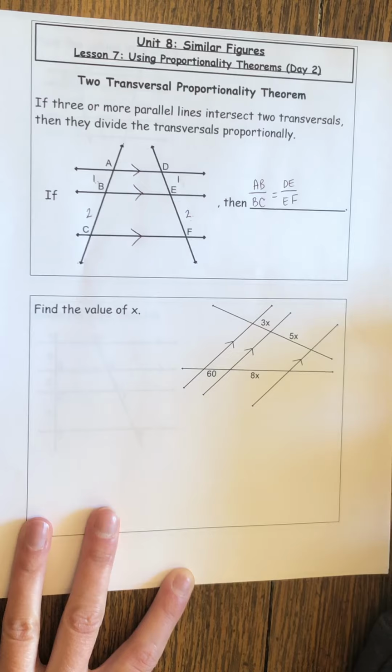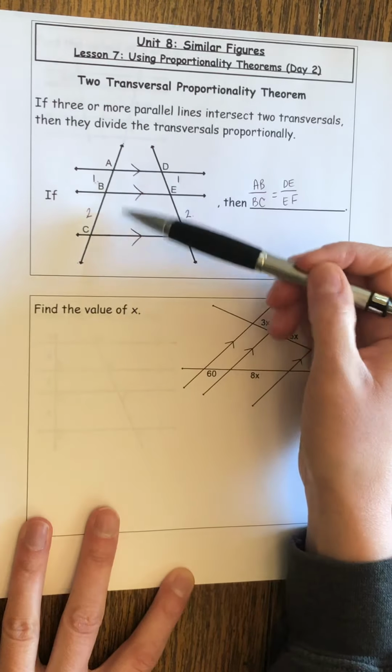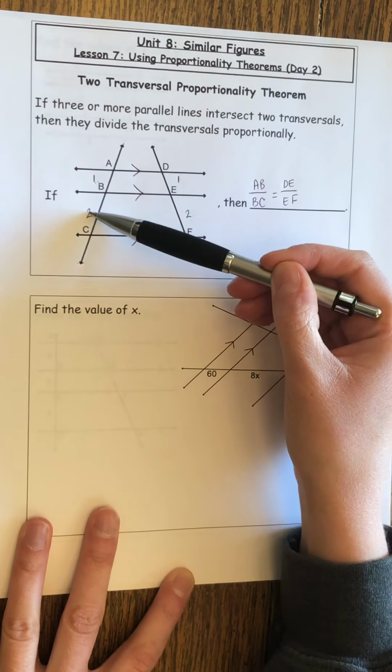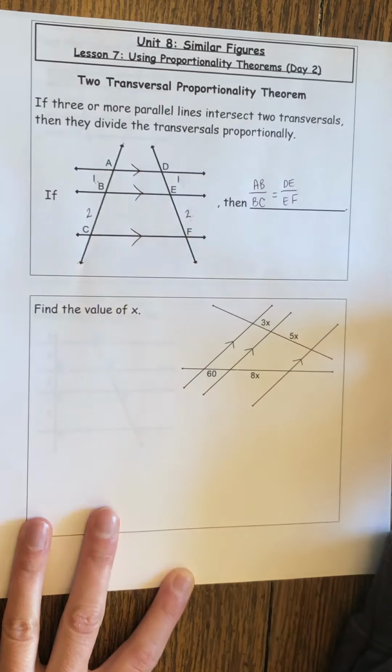Another thing I want to point out here is that we might have more than three parallel lines. So we might have more than just these two parts in between the three parallel lines.